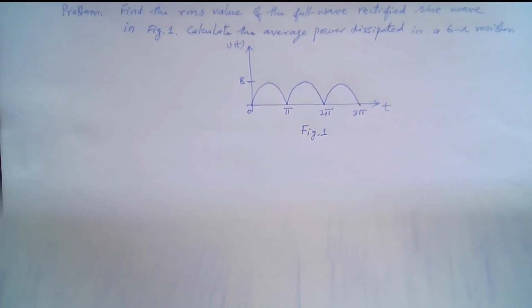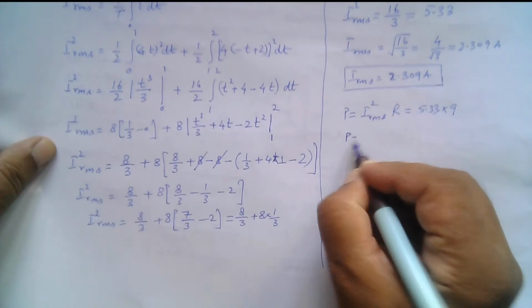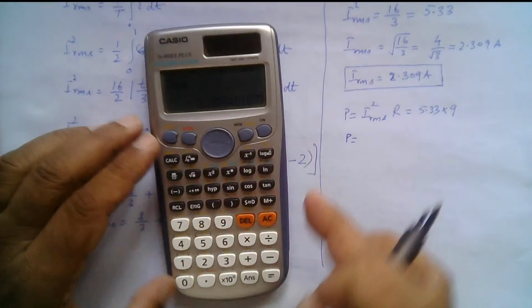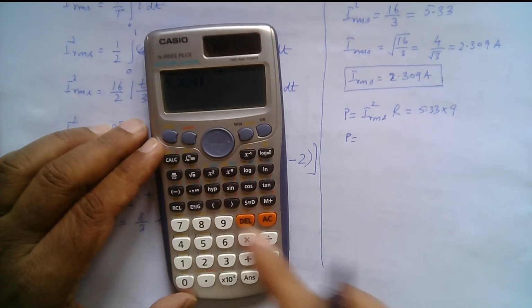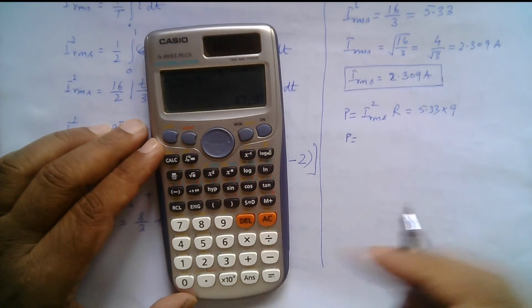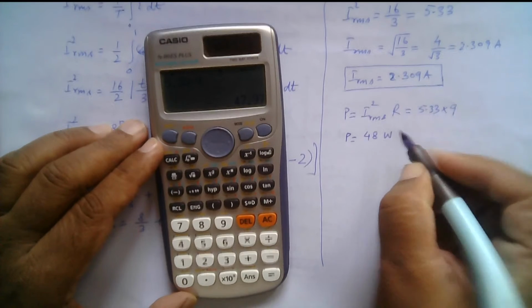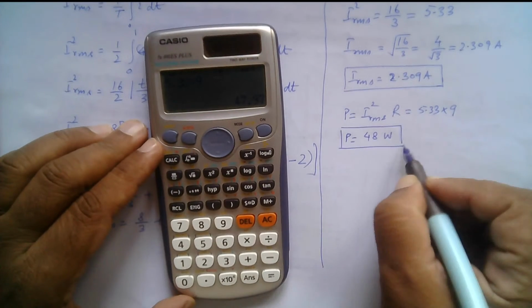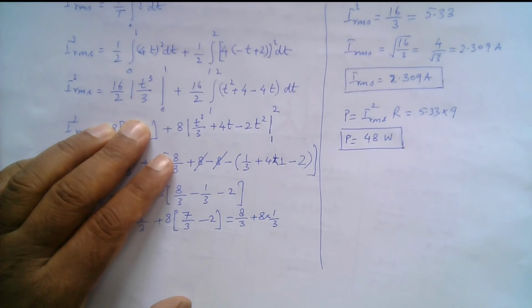So P is equal to 5.33 multiplied by 9. So that is 47.97 or 48 watts. The power absorbed by the resistor is 48 watt. So this was about this problem.